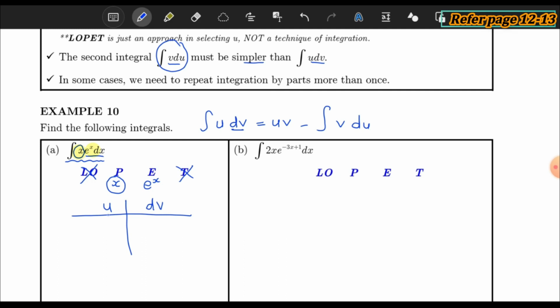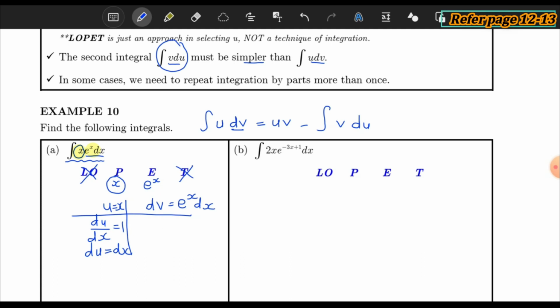So your u is x and your dv is exponent x dx. For u here, we have u equal to x. So du dx equal to 1. Therefore, du equal to dx.